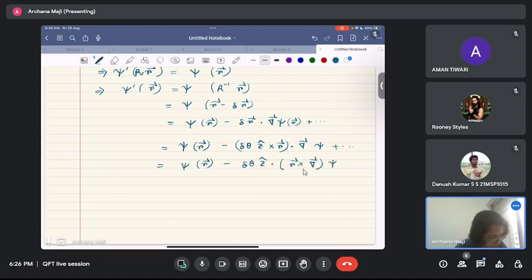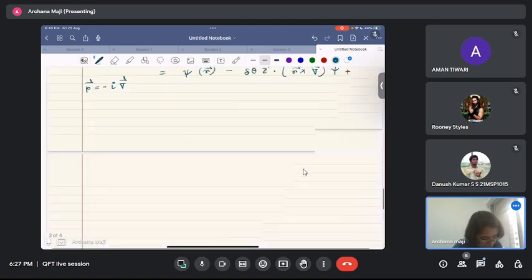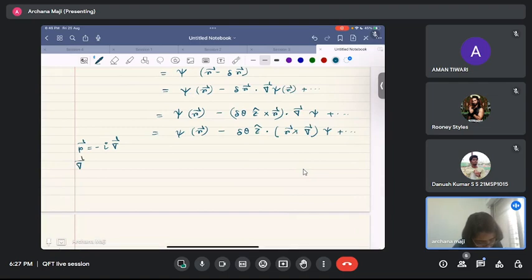This is a well known operation, and then if you replace, so p vector is minus i grad, so if we replace that grad by ip, we get psi of r minus delta theta z hat.